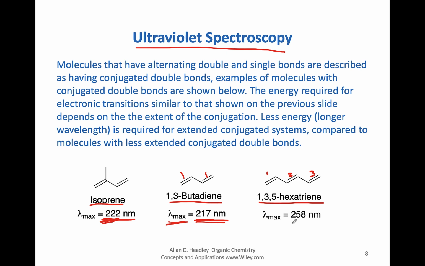Notice here it's a longer wavelength, less energy for excitation, because the energy required for excitation for this molecule is different from this molecule. We can tell that these two molecules are different, if they were unknown, in the UV spectrometer or spectroscopy.